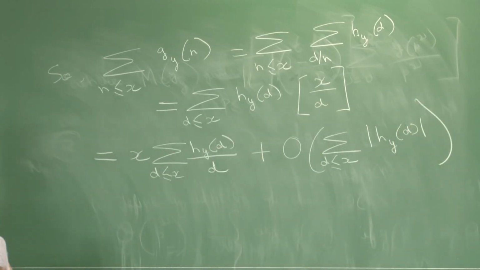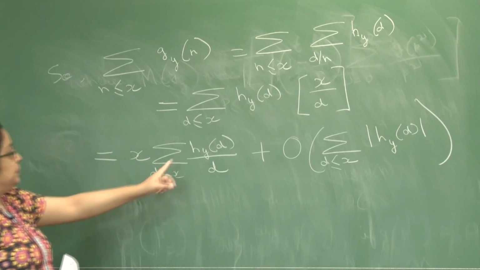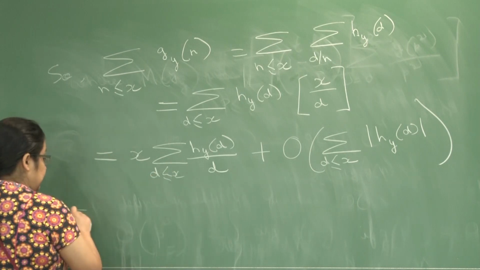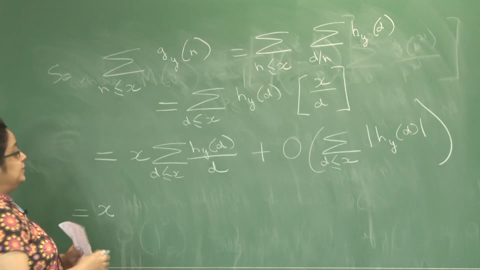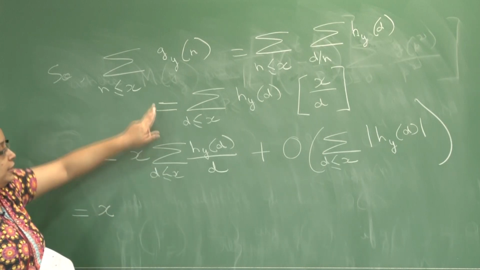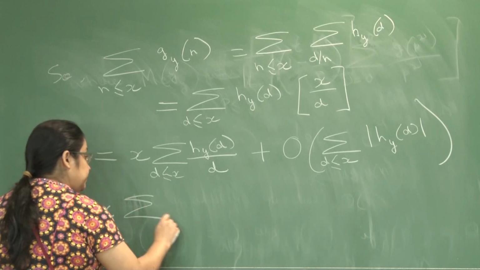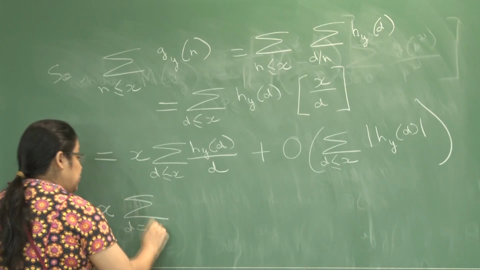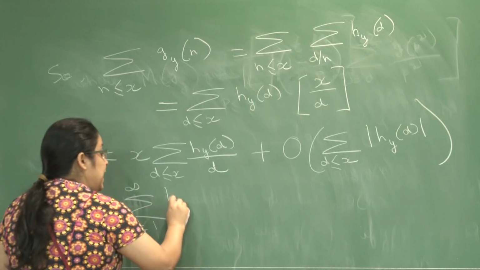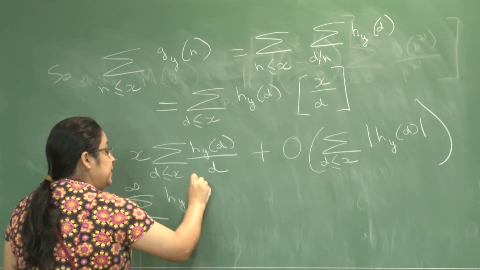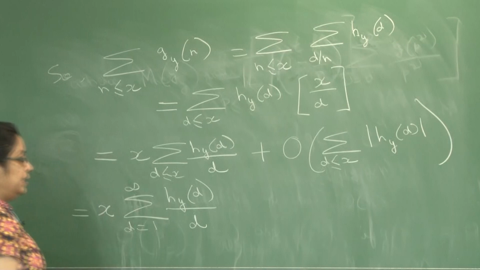All right. Now, what we do is, we first consider all the positive numbers. So, d going from 1 to infinity h sub y of d over d.